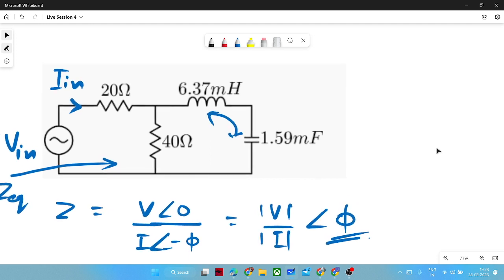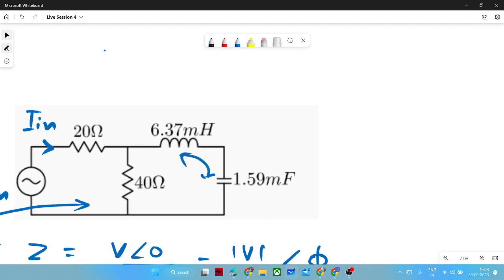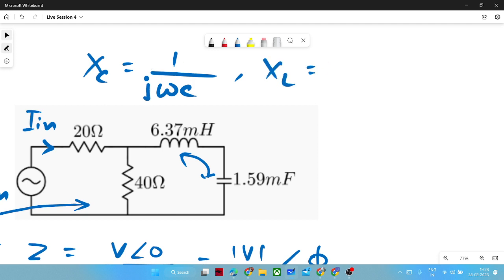So L is given and frequency must be given. So your XC would be 1 by omega C, and XL would be j omega L.